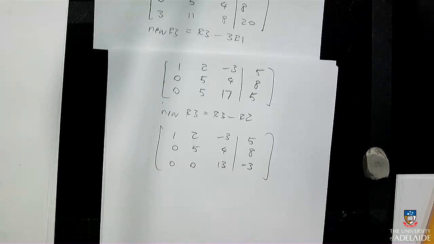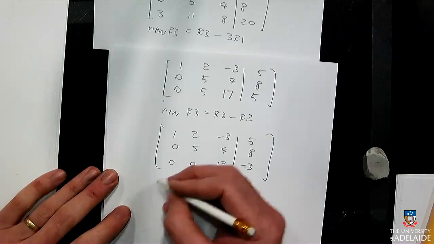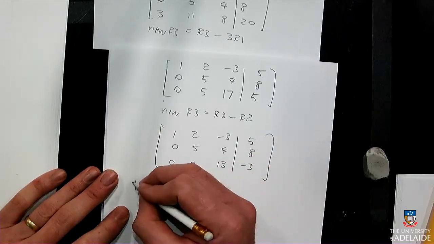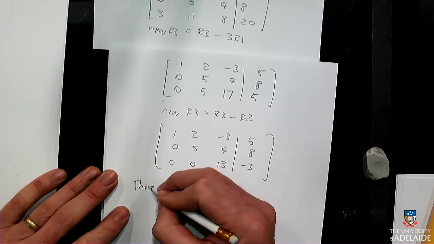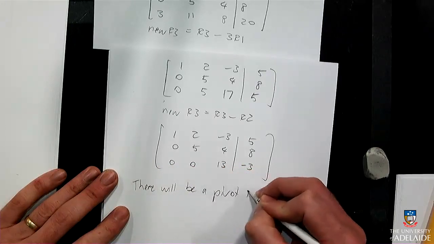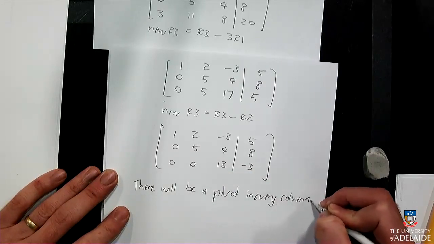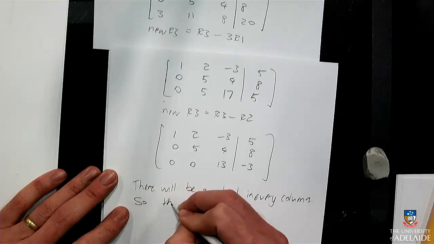I need to keep going to figure out what the unique solution is, but there will be a pivot in every column. So there will be a unique solution.